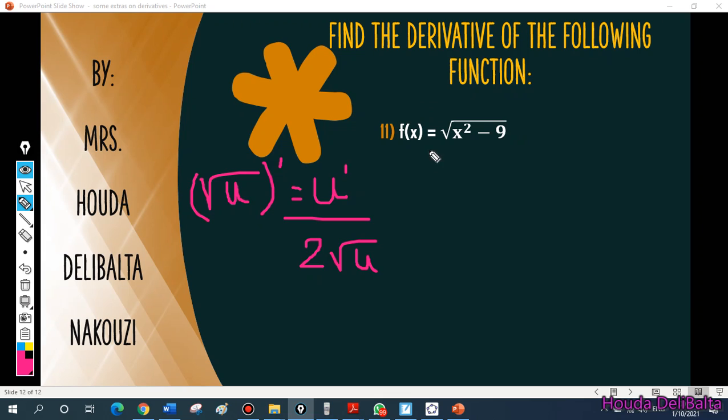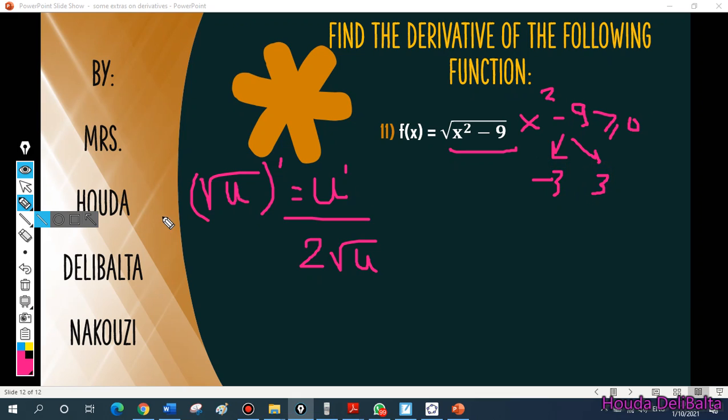Let's first of all make the condition for the value under the radical. x squared minus 9 should be greater or equal to 0. Now the roots for that one are -3 and 3.